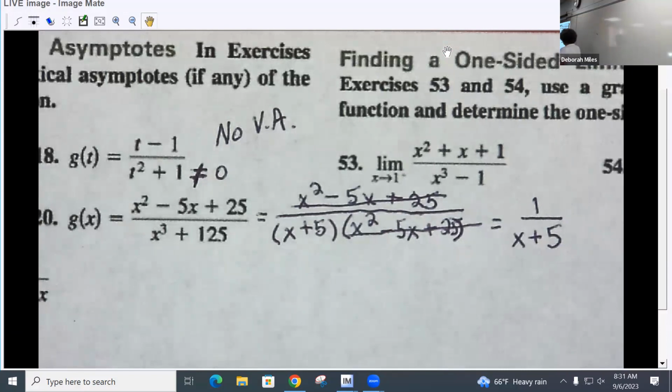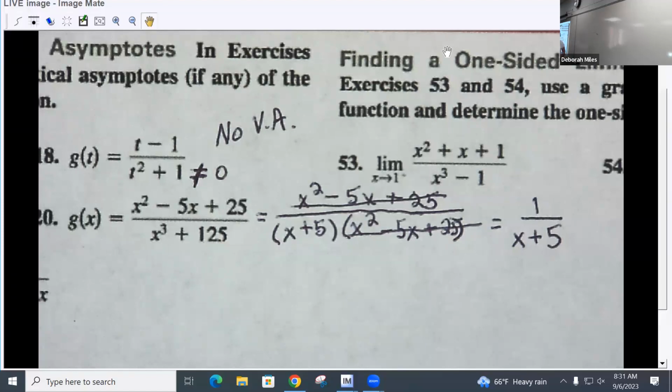Now the exception would be what made this 0, and if you use the quadratic formula to find what makes that equal 0, you would find real quickly that only imaginary numbers make this 0. So I don't have to list that these two are equivalent except when x equals something, because we're not talking about imaginary numbers anyway.